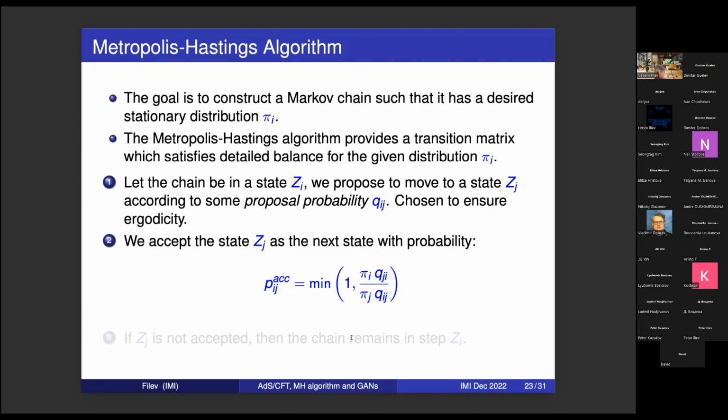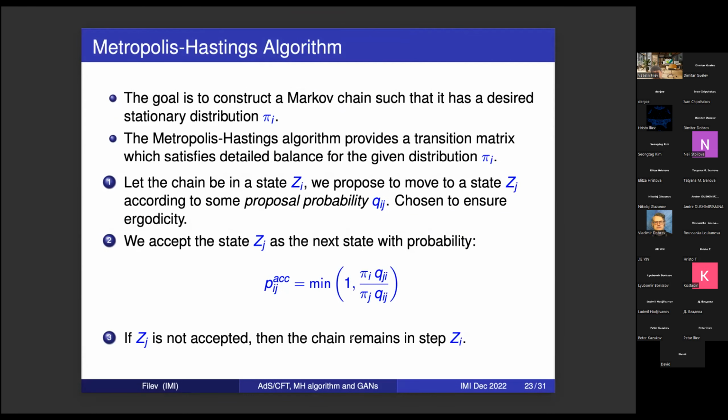Because you accept with a probability, it's a stochastic algorithm. It could be, and very often is the case, that you don't accept the state. If you don't accept the state, you retain the previous state. That's the whole thing. You have the system in a certain state, you propose a new state, and you accept it with this probability.